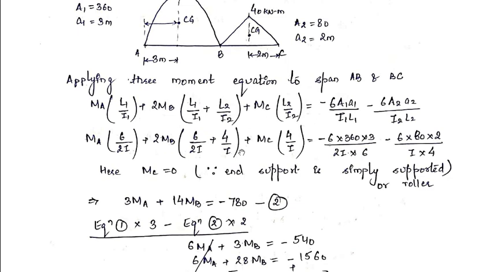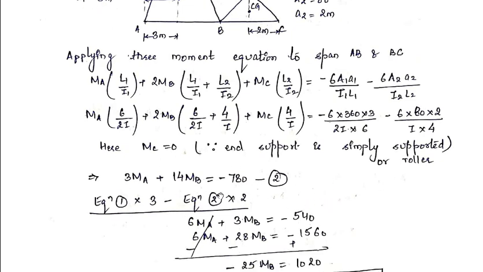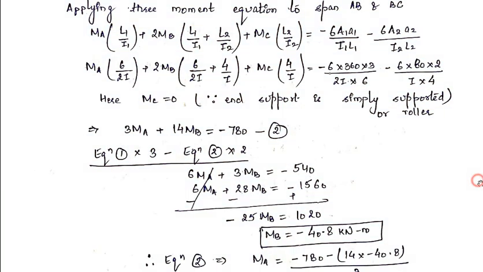So this equation will be reduced into two variables, that is MA and MB. And after solving, you will get the equations of MA and MB like this. Now you have got two equations, equation 1 and equation 2, in terms of MA and MB. So we can now solve these two equations simultaneously.